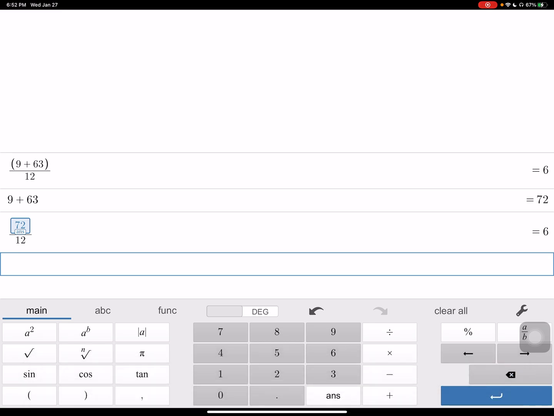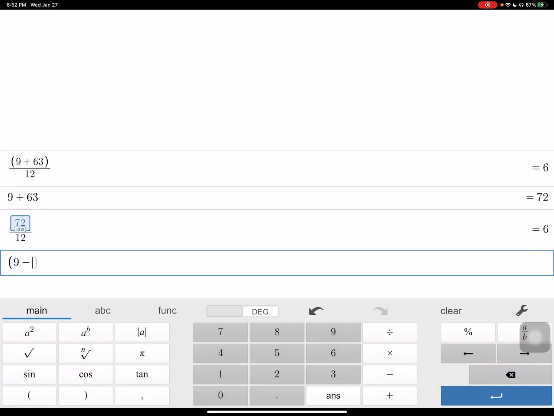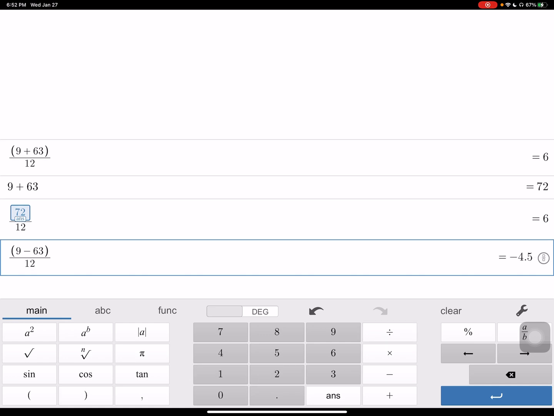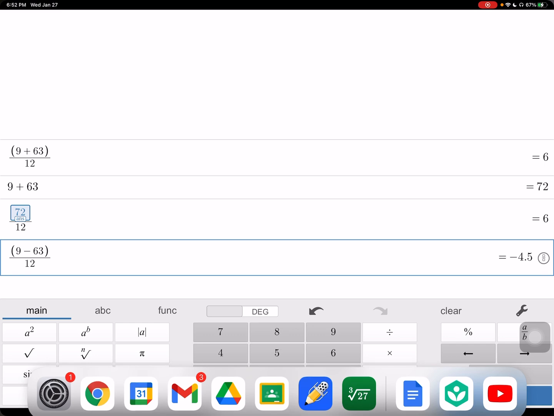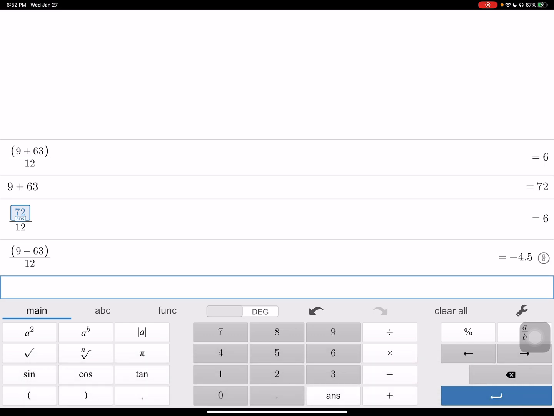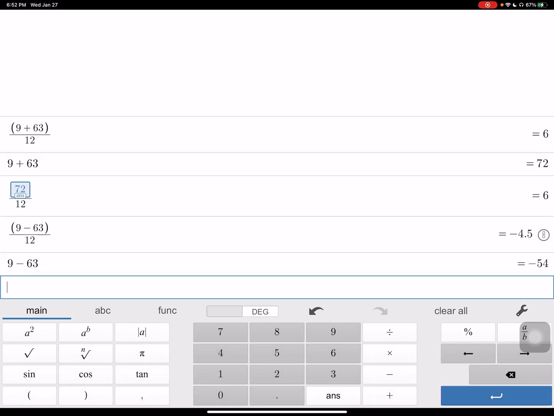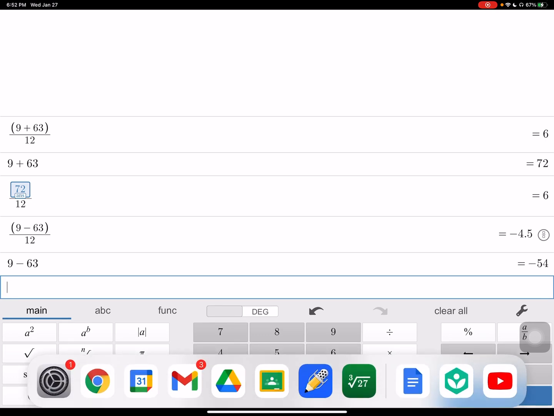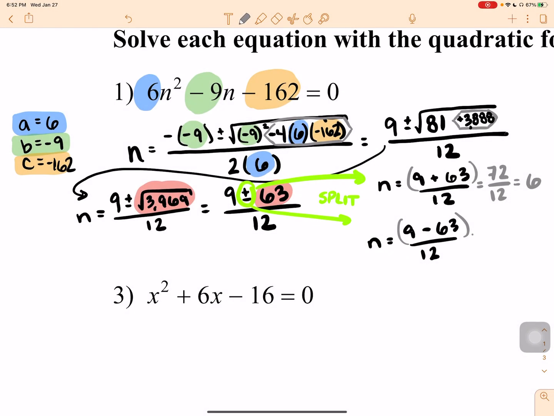Now we can also do 9 minus 63 divided by 12, and you get negative 4.5. That's because 9 minus 63 is negative 54, and negative 54 divided by 12 equals negative 4.5.